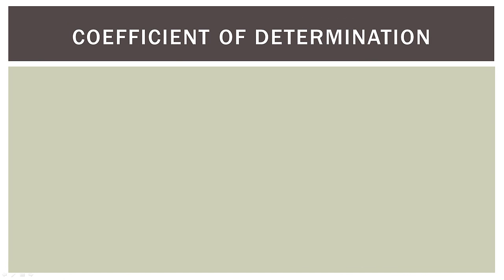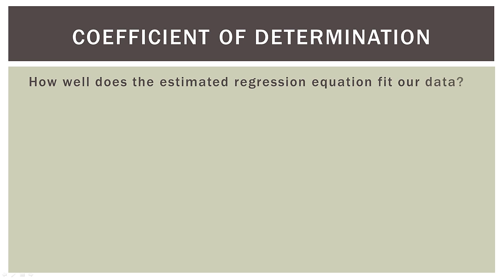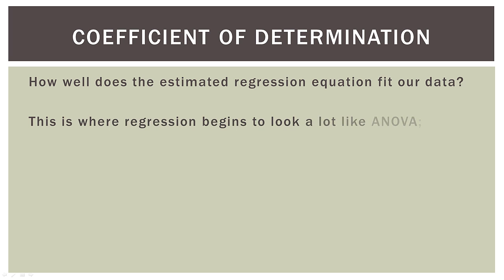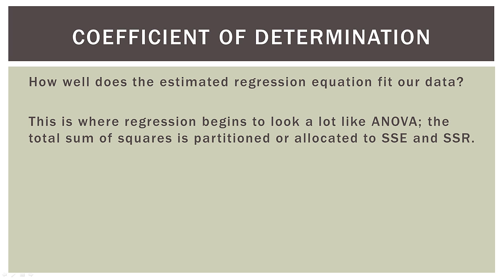So now that we have the SST, the SSR, and the SSE, we can go ahead and talk about the coefficient of determination. How well does the estimated regression equation fit our data? Now this is where regression begins to look a lot like ANOVA. The total sum of squares is partitioned or allocated into SSE and SSR.